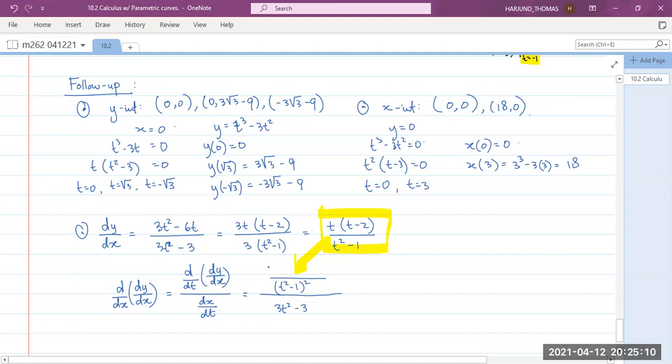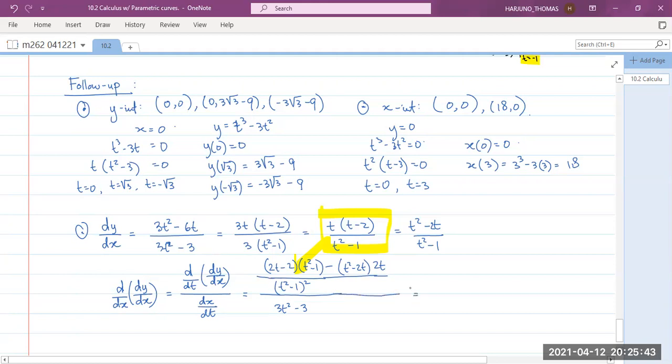At the top, that will be (2t minus 2) times (t squared minus 1) minus the numerator (t squared minus 2t) times 2t. You need to be patient also, huh?